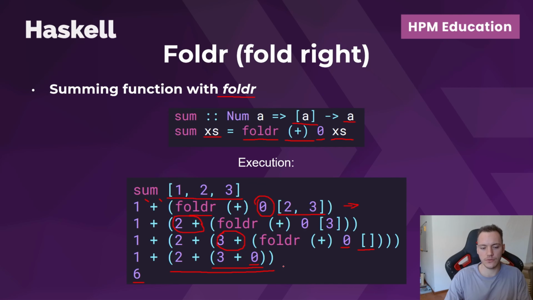With a summing function, we know we have to go through the entire list no matter what. We have to sum up every element, right? There is no way to use laziness to stop the execution sooner and know the result sooner than going through each element in turn.